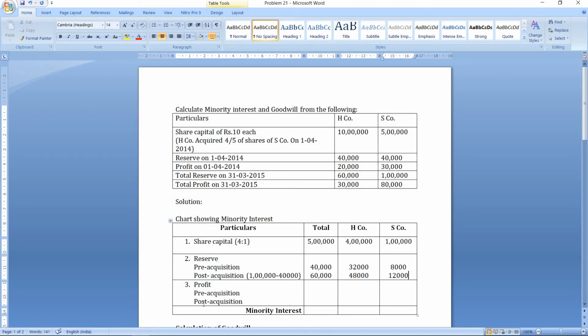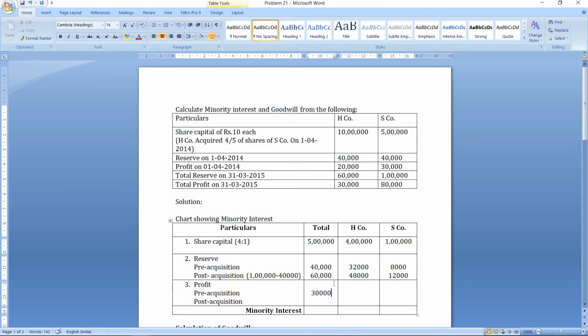Similarly, we have to calculate pre-acquisition profit and post-acquisition profit. So profit on 1/4/2014, this is the date of acquisition. This is the profit which is created by the company before acquisition of shares by the holding company. So this is pre-acquisition profit. The amount of S company to be taken is 30,000.